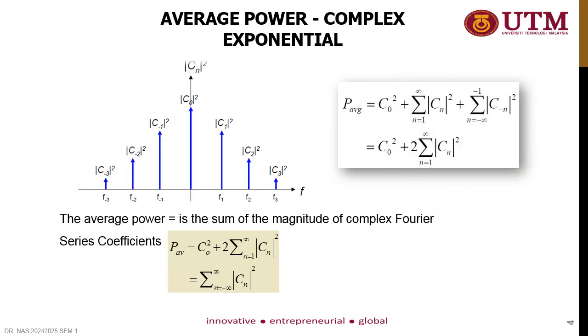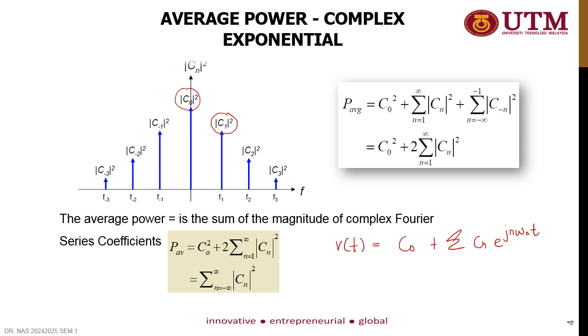Let's recap the equation for the exponential Fourier series, in which the signal v(t) is equal to C naught plus the summation of Cn e to the j n omega naught t. To calculate the P average, or average power, you need to consider the coefficients for each of the pulses up to the number of harmonics required.